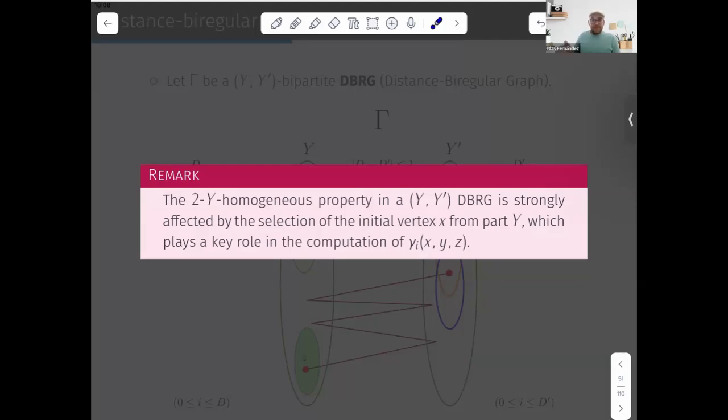And as an example, we can observe what happens with the subdivision of the Petersen graph. From one partition, we observe that the vertices in the graph have this two-homogeneous property. But if we pick the other partition, then it is not two-homogeneous. So this property really depends. For distance-biregular graphs, we really need to consider the partition.